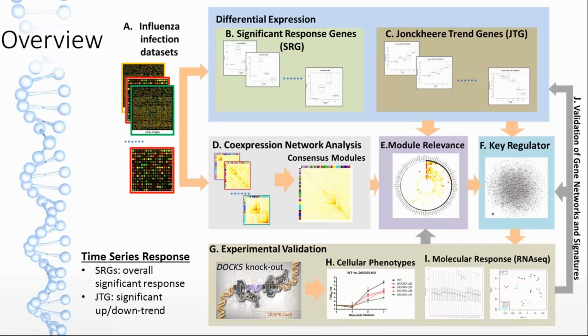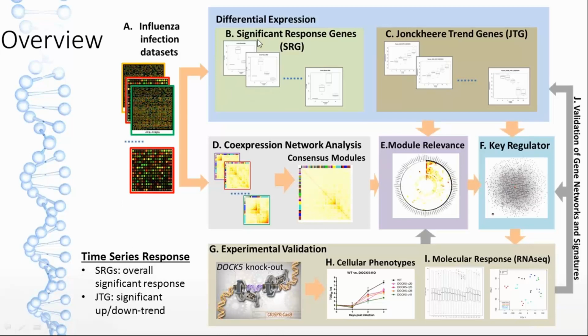So what we're doing is a consensus analysis where we identified the differentially expressed genes. We're looking at the consensus gene response, and because all these data sets are time series measurements, we were actually interested in the time series response.